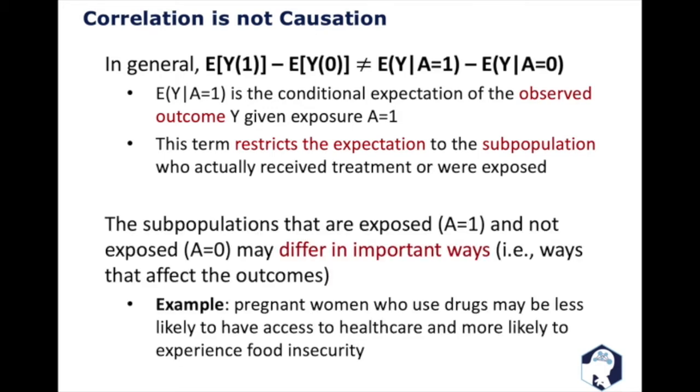The problem is that these subpopulations that are exposed or not exposed may differ in important ways that affect the outcomes. For example, in our prenatal drug exposure example, pregnant women who use drugs may be less likely to have access to healthcare and may be more likely to experience food insecurity. And so any effect that we estimate using the observed data may not be due to drug use, but may be confounded by these other factors.